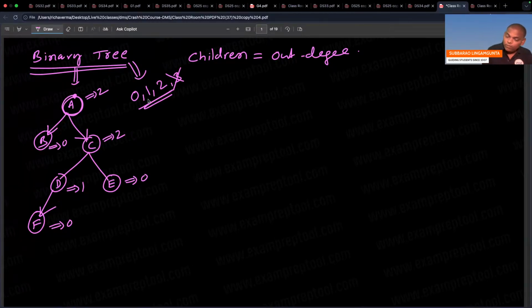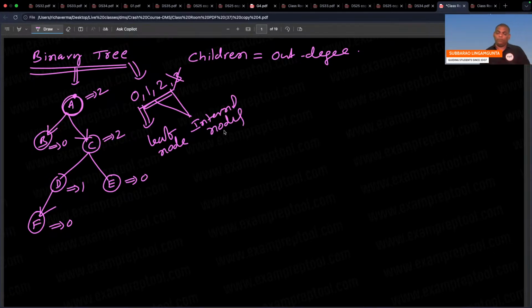Now listen everyone. The node that has 0 children is called a leaf node. 0 child means leaf node. The node that has 1 child or 2 children is called an internal node, also called a non-leaf node.